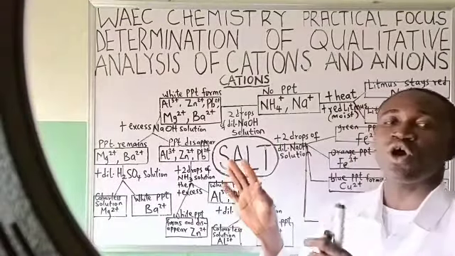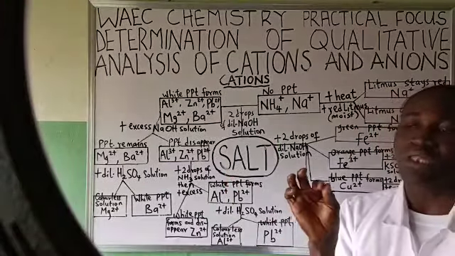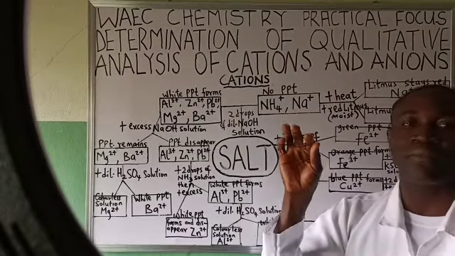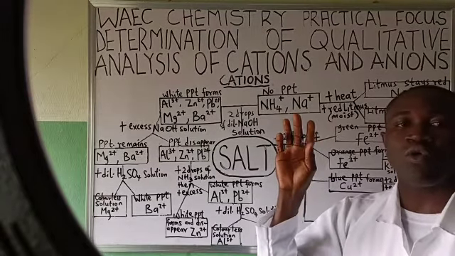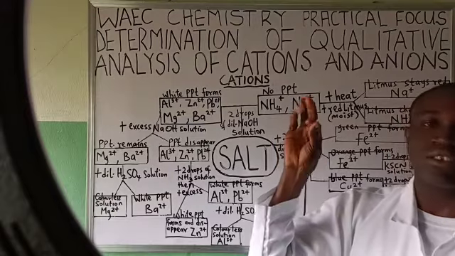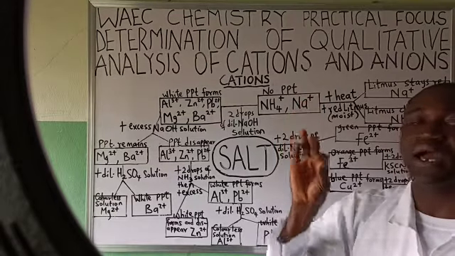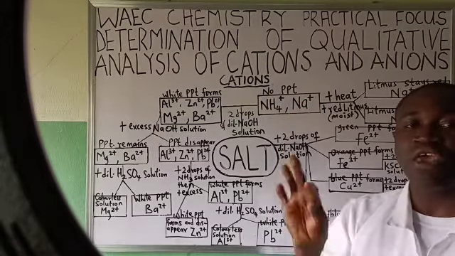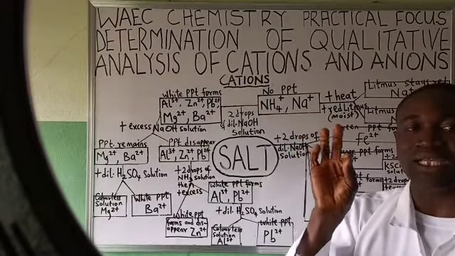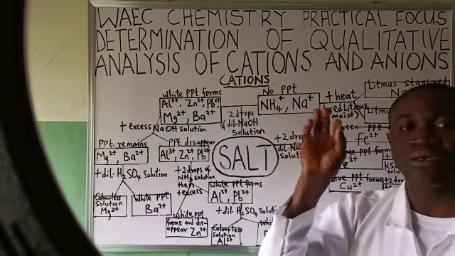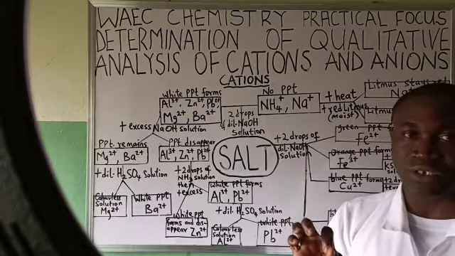When you are done with your color, check for texture. That is, touch it with your palm, like this, with your finger. Then you are checking texture under crystalline, granular, and powdery.